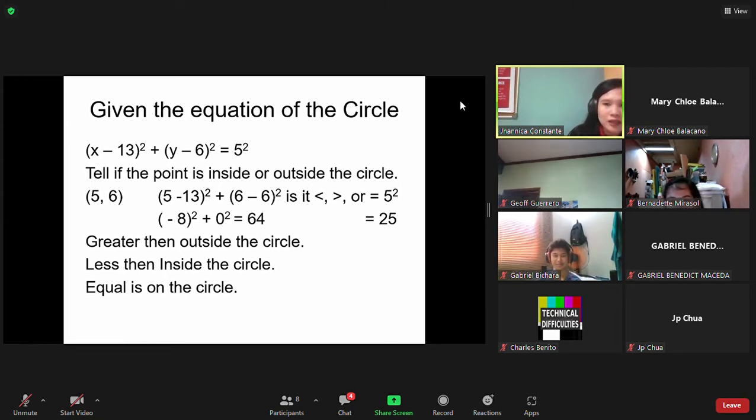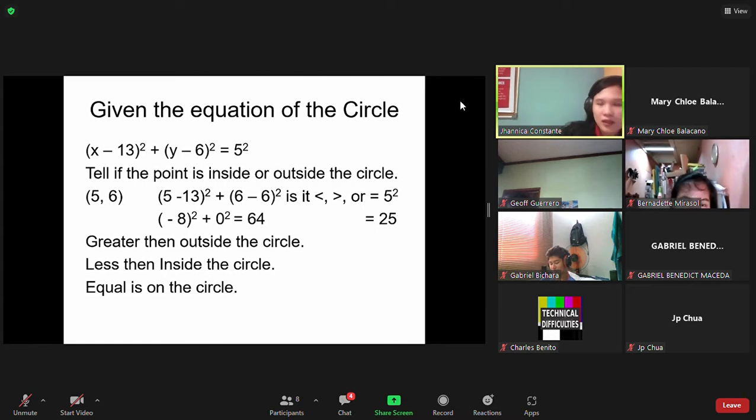If the statement from solving the standard form of the equation is less than, that means the point is inside of the circle. If the statement of your standard equation is equal, that means the given point is on the circle.